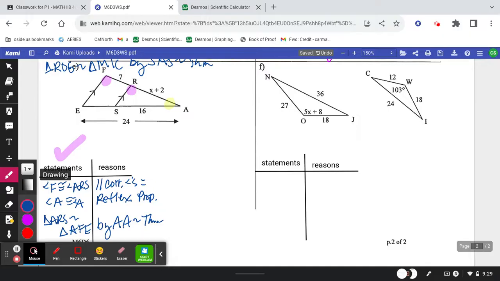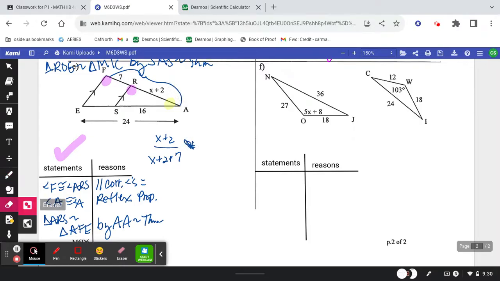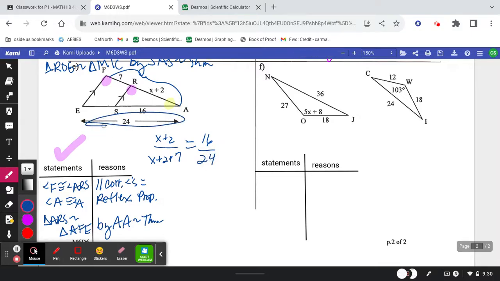All right, let's go do, now that we proved the triangle similar, check, I'm able to go do the proportion. So we're going to say x plus 2, small side, is to whole big side, x plus 2 plus 7. That's this whole side. As small is to big on the other side. So that's a 16 for the small and a 24, you see it right here, for the big.